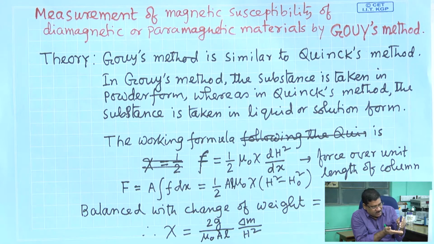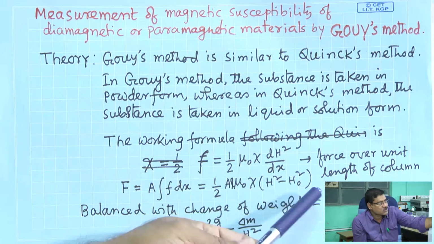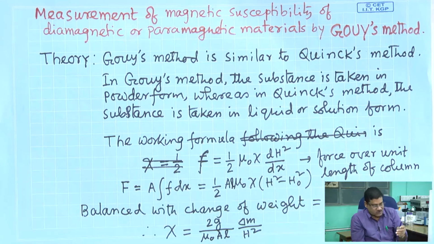So the apparent weight of the sample will change due to this magnetic force, and I can measure this magnetic force using the balance. Initially there is some weight, and now this weight will change due to this force.